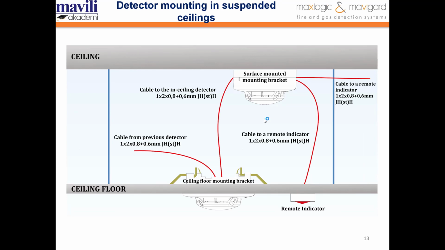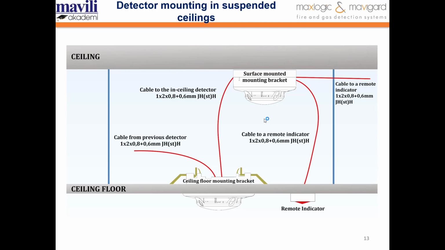Detector mounting in suspended ceilings. If there is a risk of fire on the suspended ceiling, fire detectors, at least one in each independent place, should be mounted on the suspended ceiling.